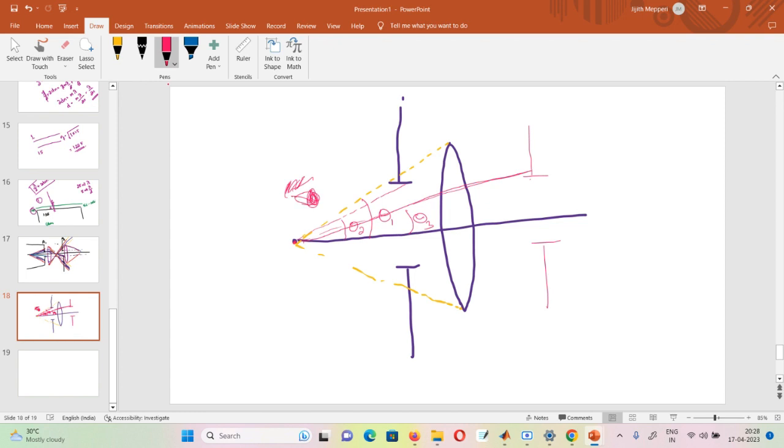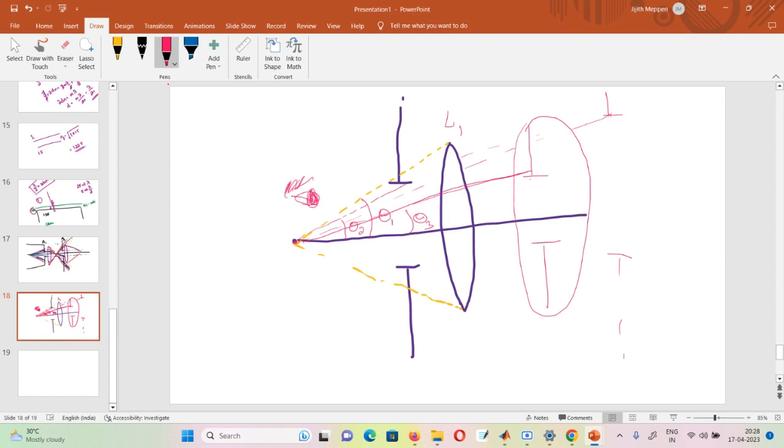So what we are doing is looking at an image of this particular physical aperture formed by this L1, and if that image is bigger, we can say it is forming a bigger image by the lens.